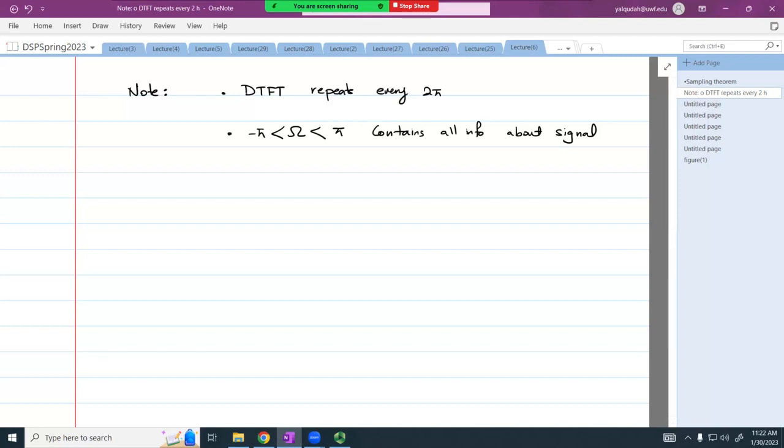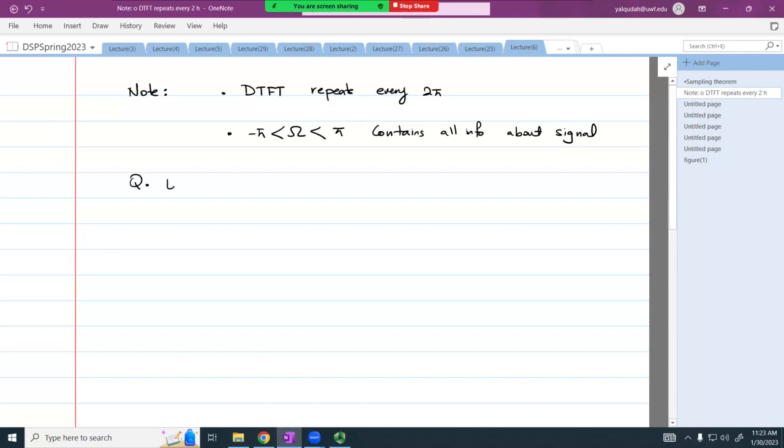Now the question that we're going to ask is, under what condition does the discrete time Fourier transform of x of n have the frequency characteristics of x of j omega, the Fourier transform of x continuous of time?